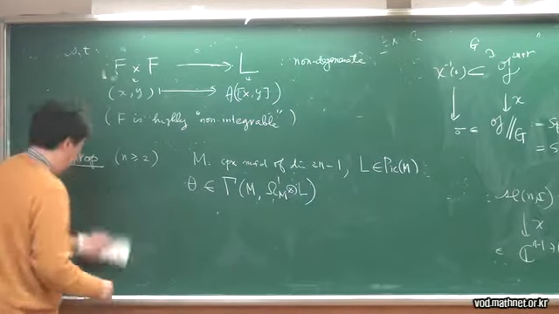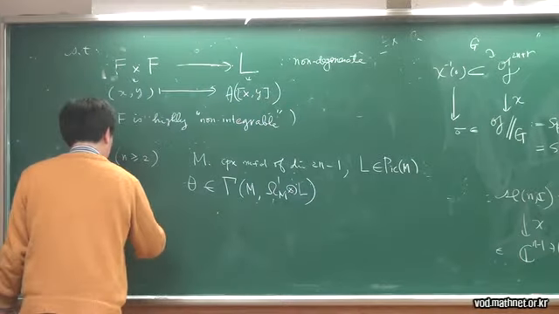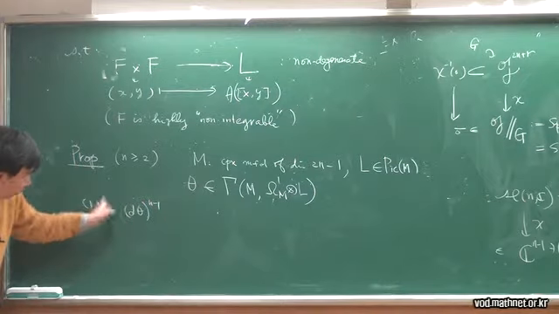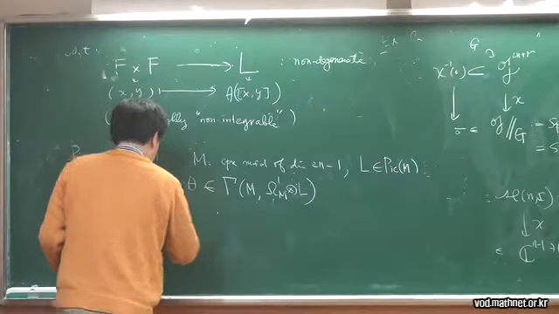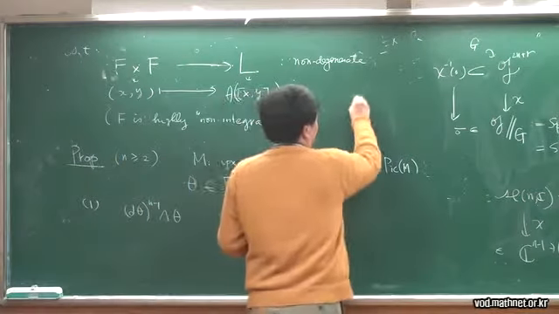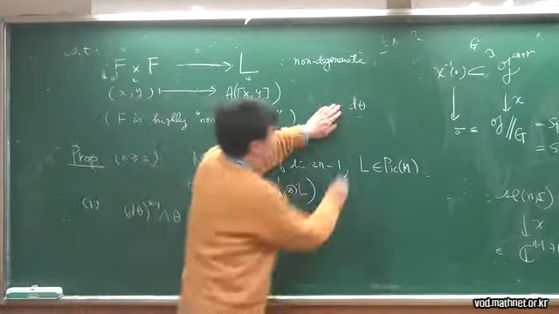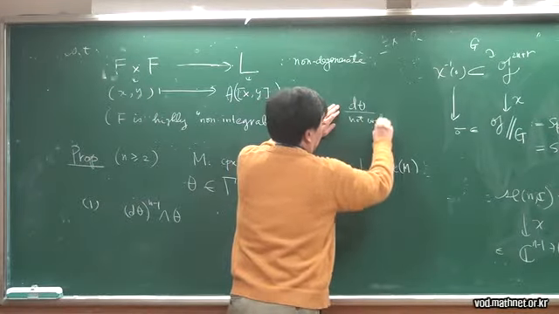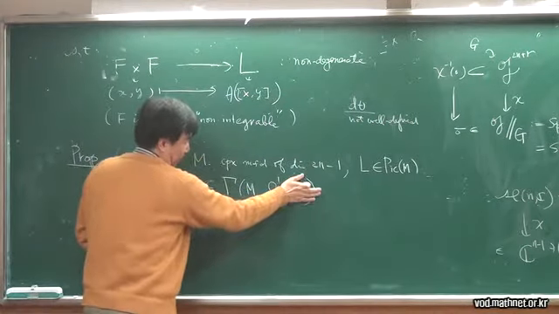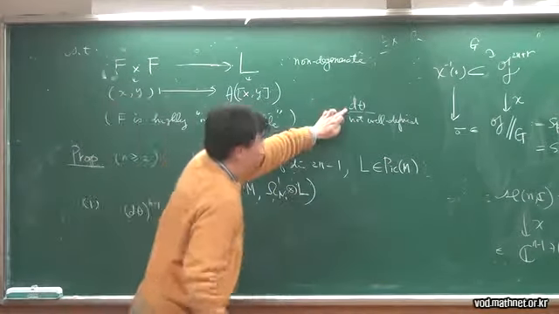Then we have the following properties. First, theta wedge (d theta) wedge to the power n minus 1. Notice that this is not well defined in the usual sense because theta is twisted, and if you twist it, it is not well defined.